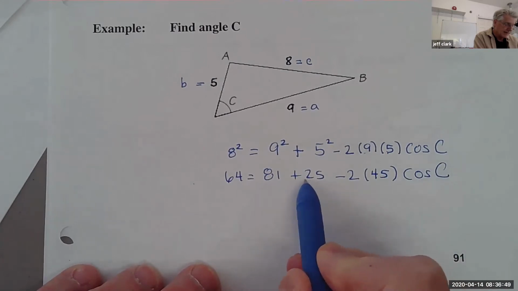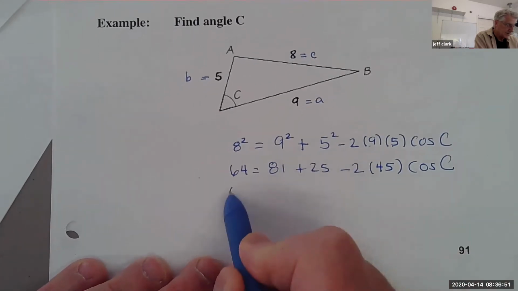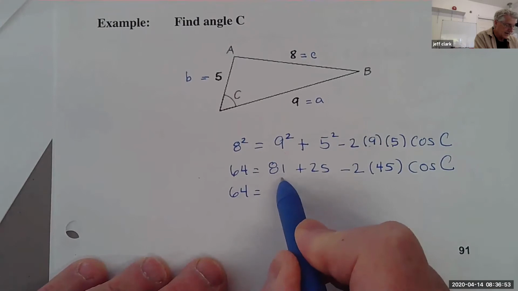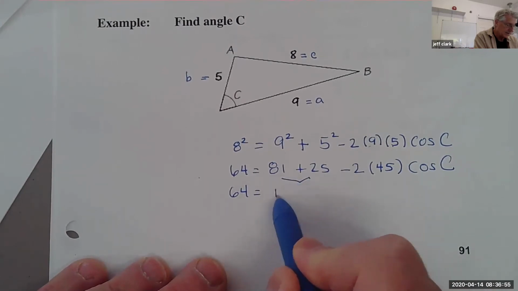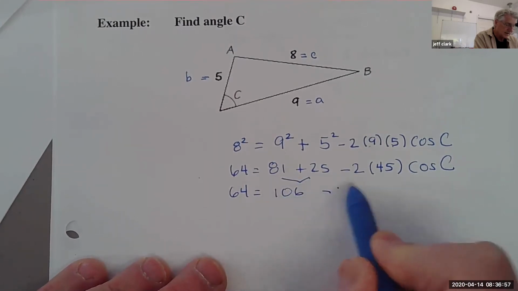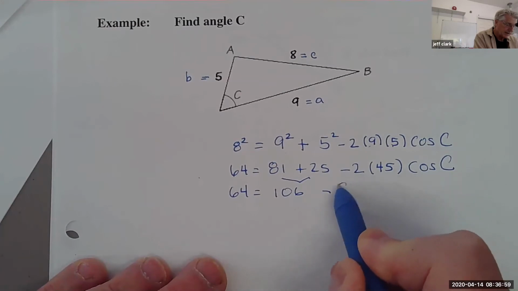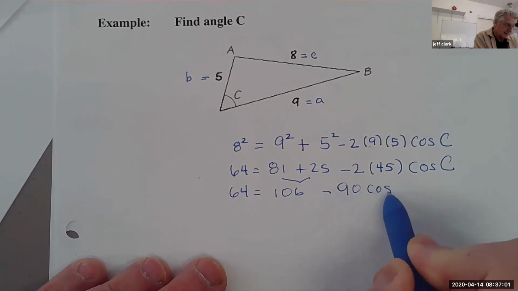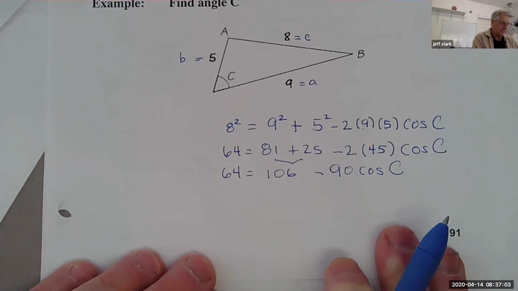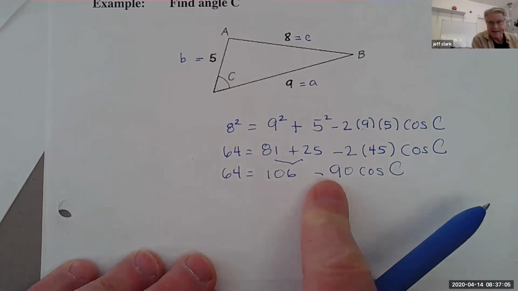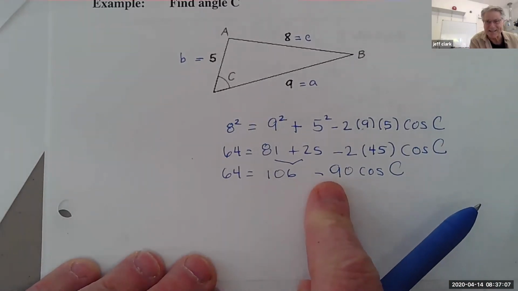I'm going to subtract these guys. Well, let's add them together first. Add these two together, that's 106. Multiply these, that's minus 90. Okay, you can't subtract those. That's a careless algebra mistake.